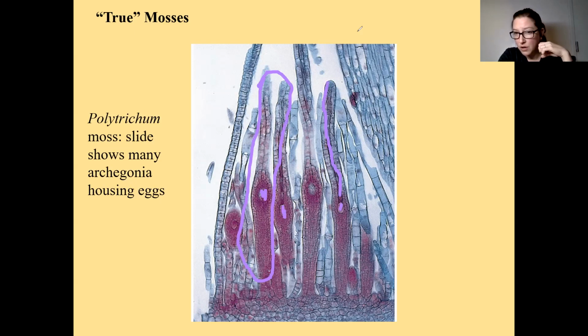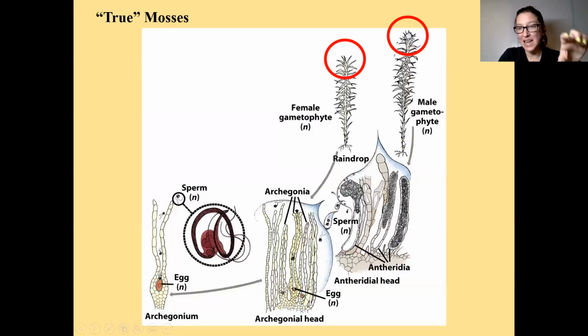Are there archegonial heads all over the female gametophyte plant? The archegonia are always, in the case of the true mosses, located at the top. So you can have many, many archegonia on the top of one female gametophyte plant.